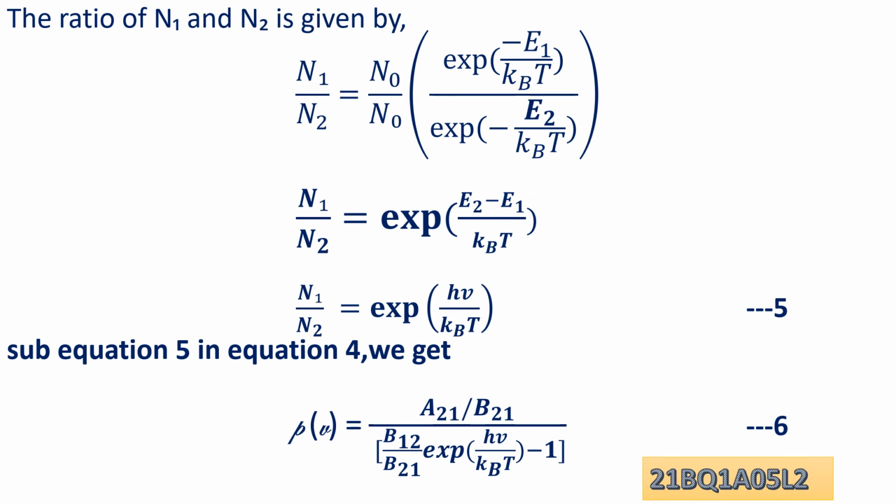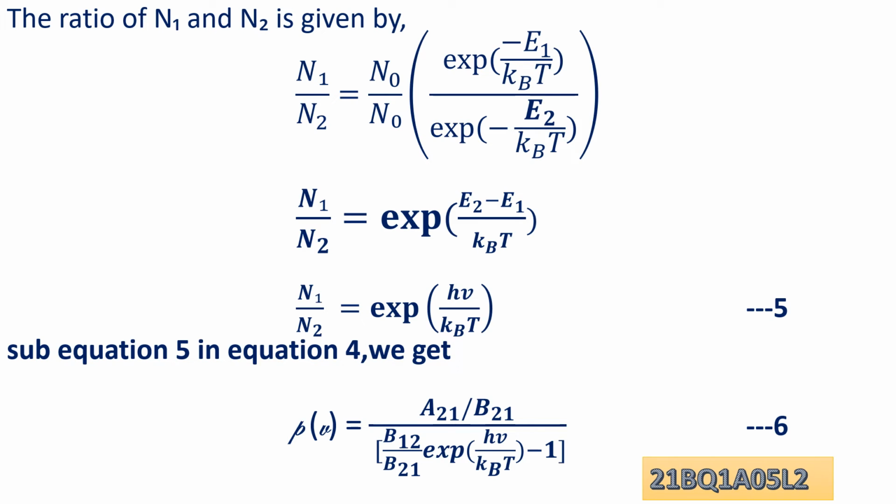Placing i by 1 in the Boltzmann equation, we get N1 equals N0 into exponential of minus E1 by kBT. Similarly, replacing i by 2, we get N2 equals N0 exponential of minus E2 by kBT.